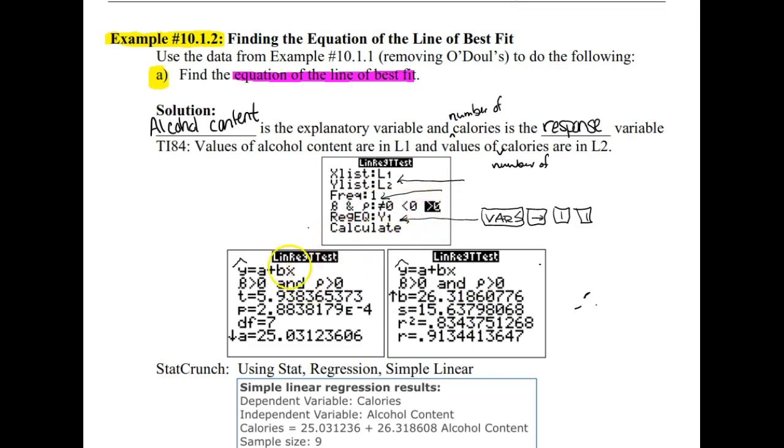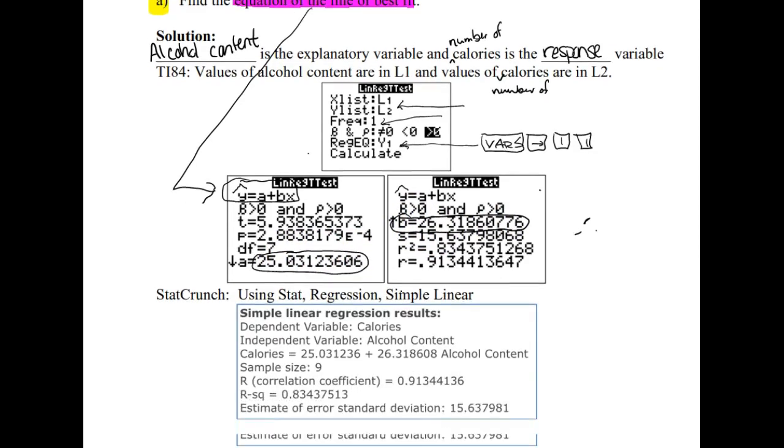When we hit calculate, we are after this equation of the line of best fit, Y hat equals A plus BX. To write that equation, we need the value of A, and we need to scroll down to get the value of B.